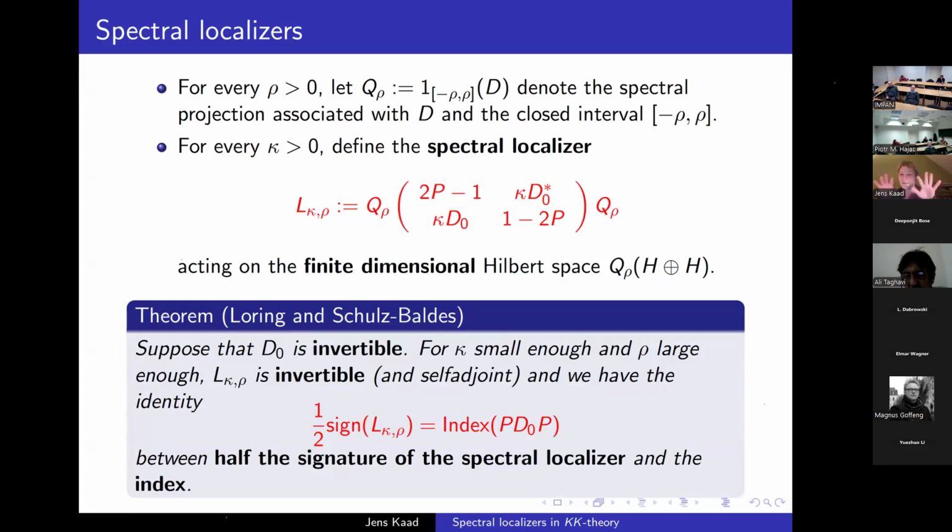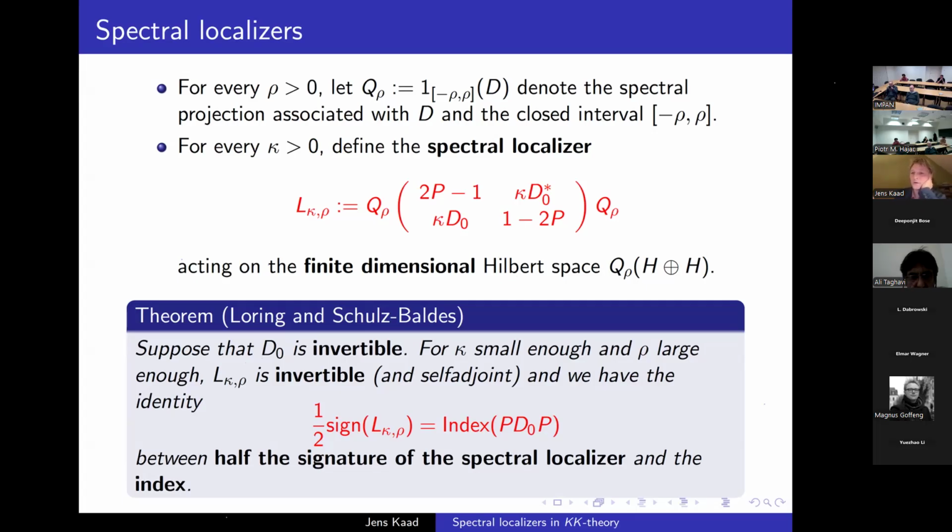This is actually something very precise, but I'm not going into details right now about that matter. So once kappa is small enough and rho is large enough, they were able to prove that the spectral localizer is actually an invertible operator on this finite dimensional Hilbert space. And since it is also self-adjoint, the spectral localizer then has a signature. So the signature, how do you find it?